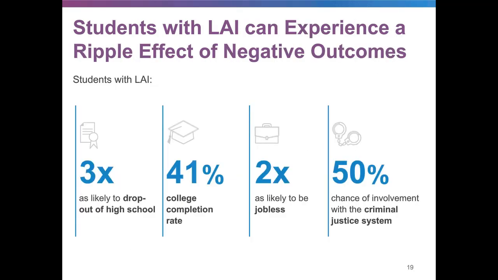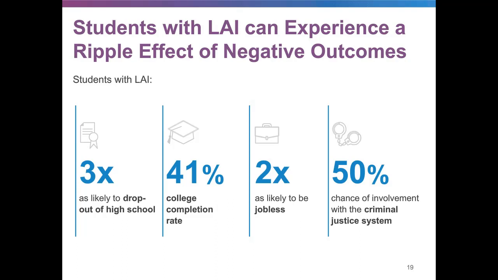Students with learning and attention issues can experience ripple effects of negative outcomes. We know that. So the fact that you have a learning disability is a good indicator that you're going to experience some negative outcomes, especially if you don't get the right kind of support. 3 times as many kids with specific learning disabilities drop out of high school as kids without. 41% complete college. 2 times as many are likely to be jobless.